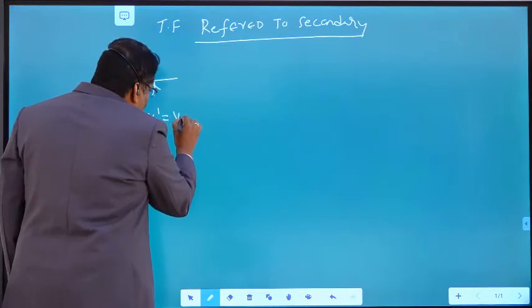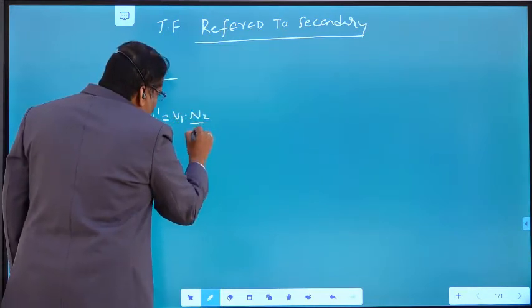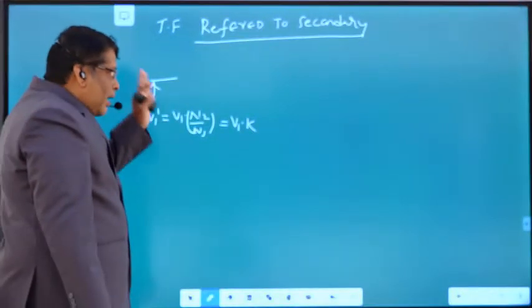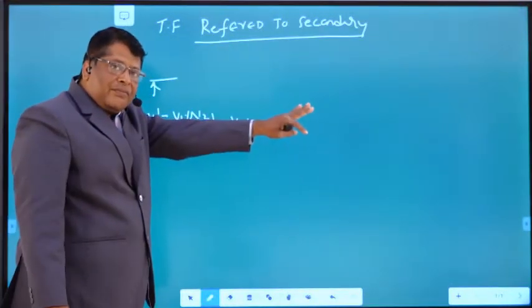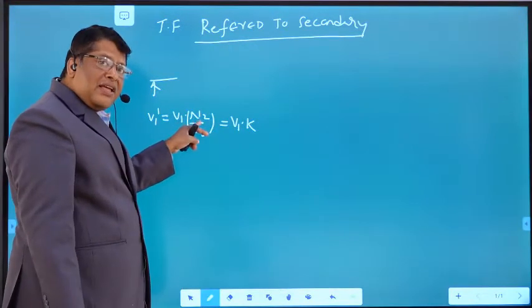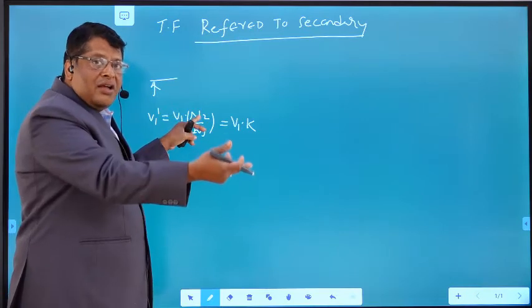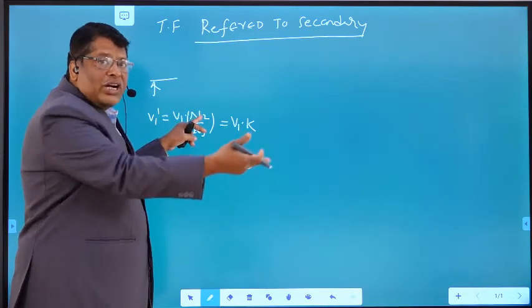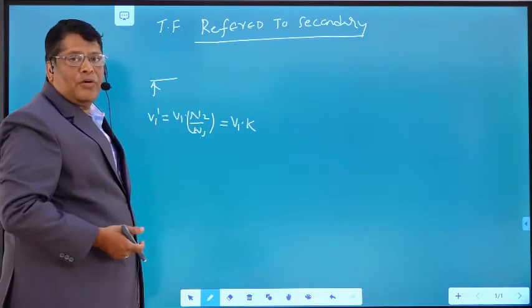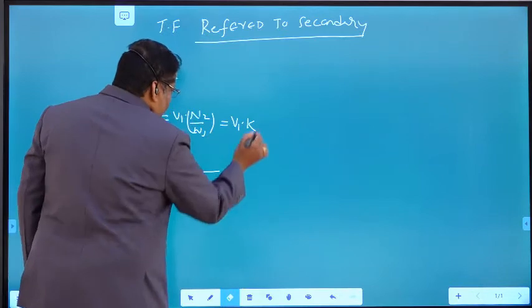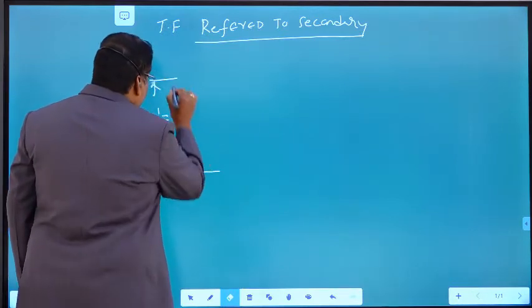That equals V1 into N2 by N1, which is V1 into K. From primary to secondary we are transferring, so in the numerator you have to place the number of turns of the winding to which we are transferring, the secondary. So N2 by N1. Now see here, resistance.